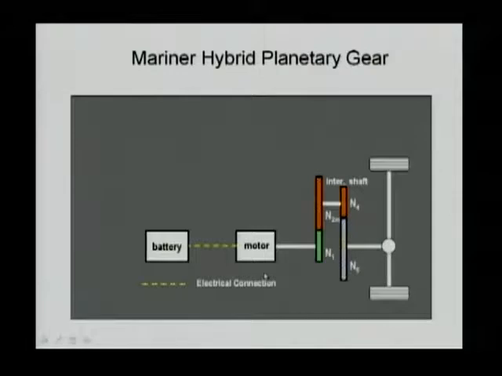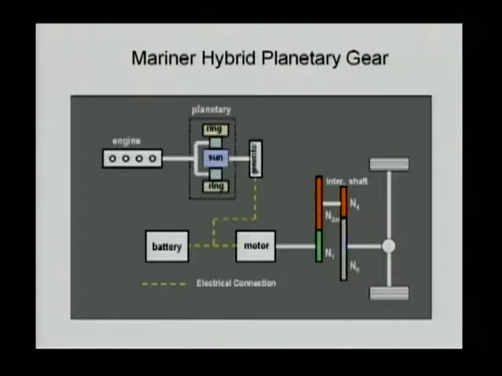Now, in the Mariner hybrid, the electrical motor is rated at 75 kilowatts. Therefore, this system can be driven electrically up to a certain speed at a certain acceleration rate. If we add additional hybrid components, you will see here the engine coupled to a planetary gear system.